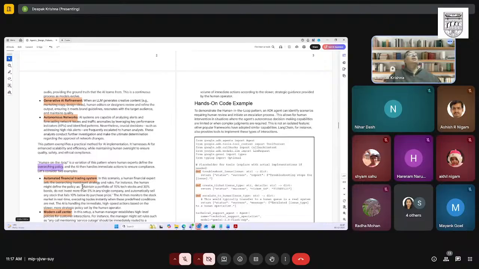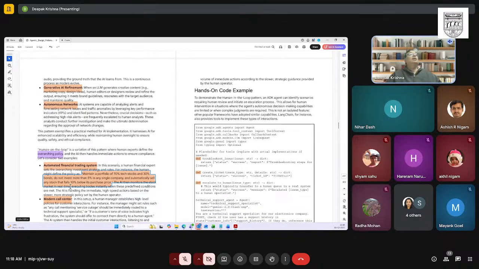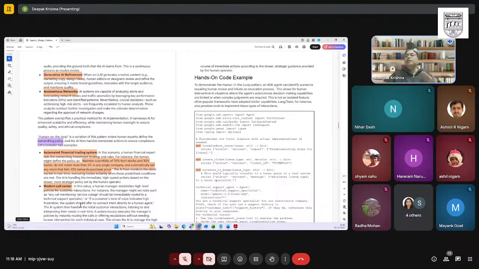This is the guideline I have given to the tool for automated financial trading. Or in a modern call center, if this is the scenario, I should follow these FAQs, or if this is the scenario, then immediately route to the technical support specialist, right? So these are guidelines we provide to the AI on when to contact a human. So these are the ways.